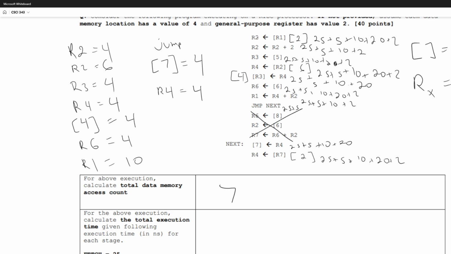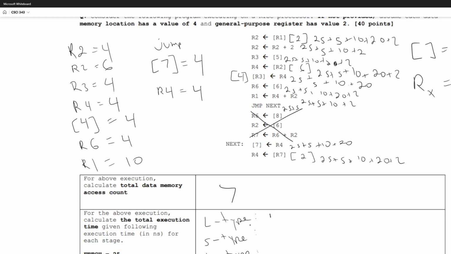So there was, let's do L type and just tally it up. S type, R type, and then there was one jump. Right? Okay.